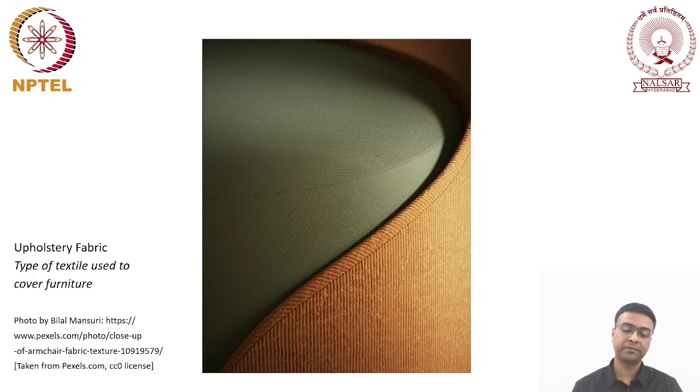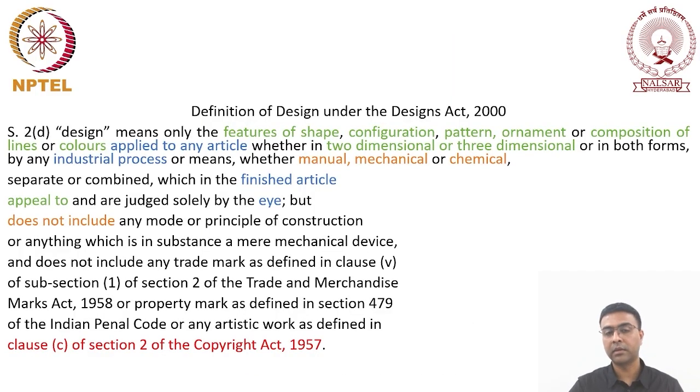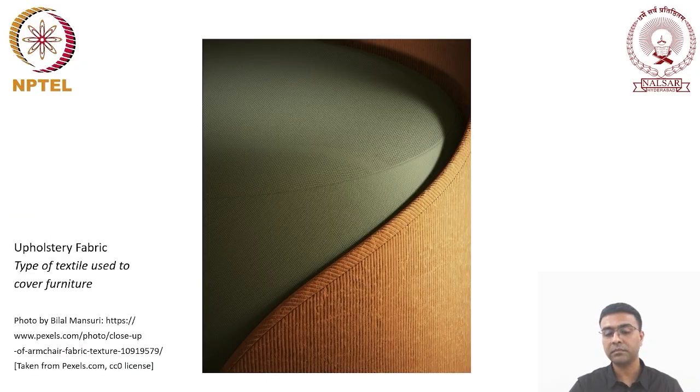Upholstery fabric is also something which you can fit within the ambit of design under section 2D. We will now take a look at one of the most important cases that have arisen with respect to designs, and the subject matter was upholstery fabric.